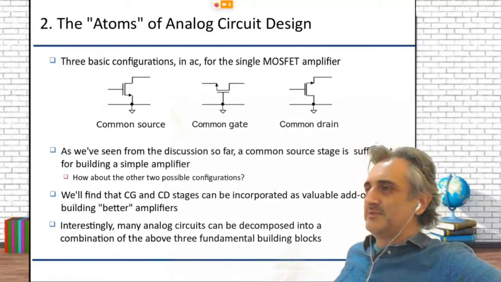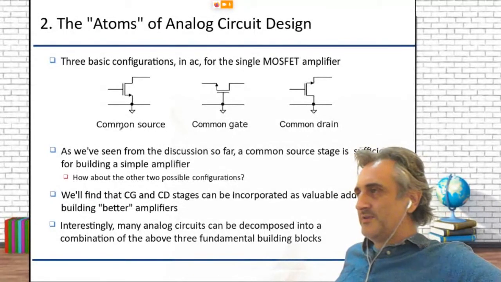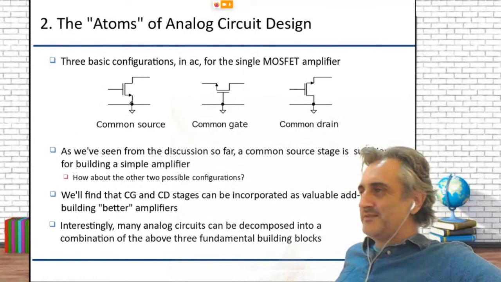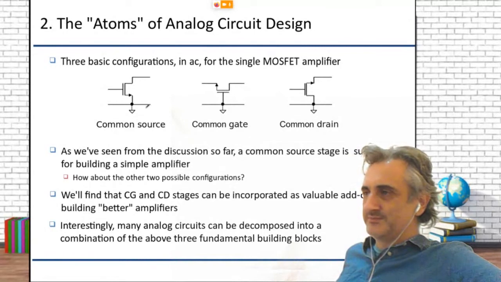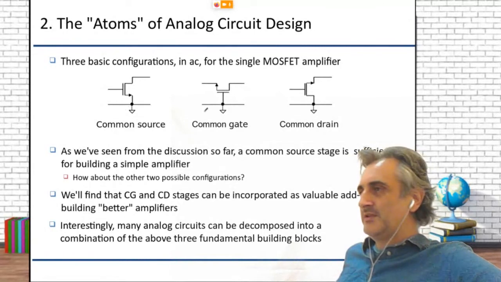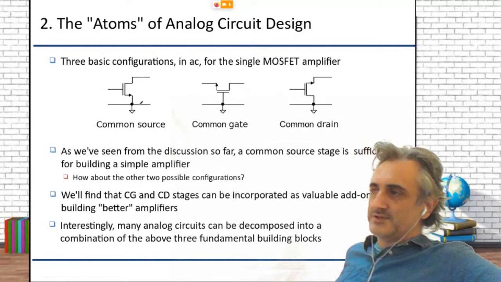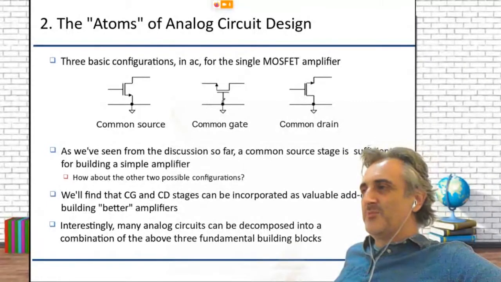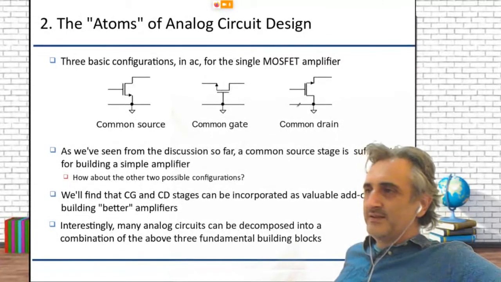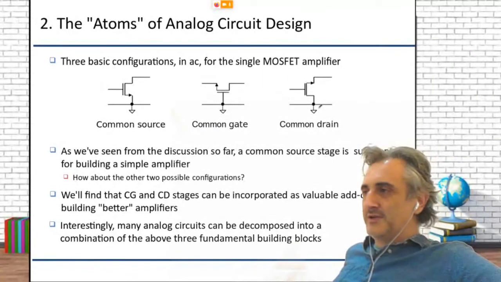And the difference is that the common means which is the terminal that is connected to ground, to the virtual zero. In the common source, the source is connected to the zero in small signal. In the common gate, it's the gate which is connected to the ground, and in the common drain, it's the drain which is connected to the ground.